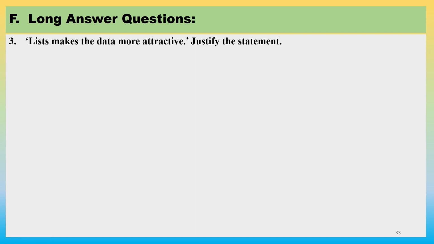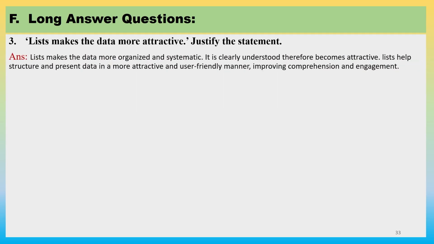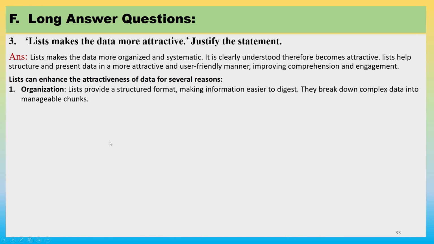Yes. We write our items in a listed format to make it more appealing and attractive and easily readable. So this is true. So what can we write here? Lists make data more organized and systematic, because we also put some numberings so we can count our data.